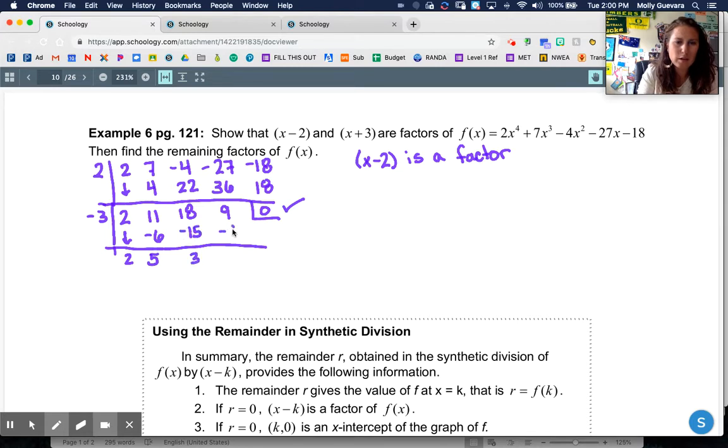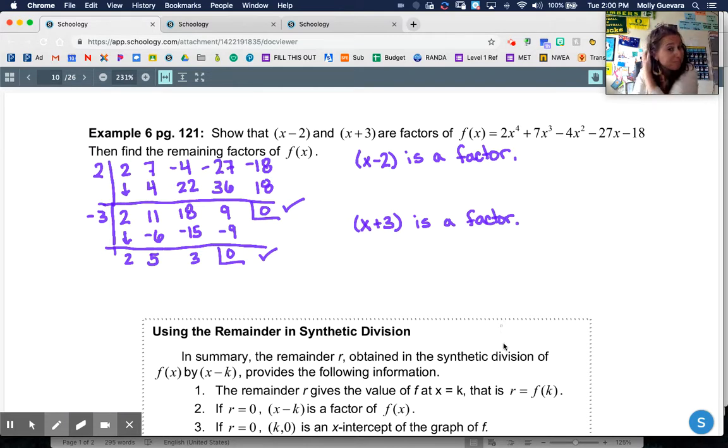And then multiply and add. And since I get a remainder of 0 again, right, that's good. That means that x plus 3 is a factor. Okay, so I've shown now that x minus 2 and x plus 3 are factors.